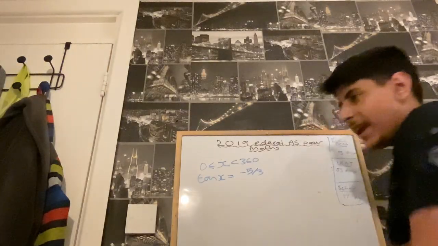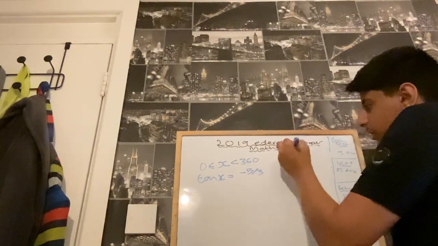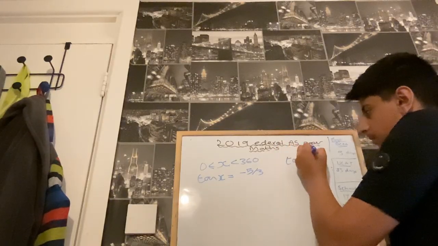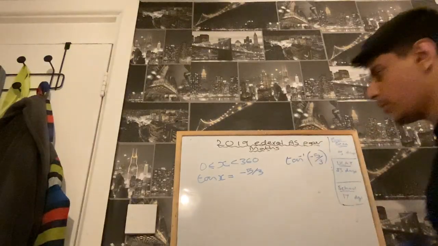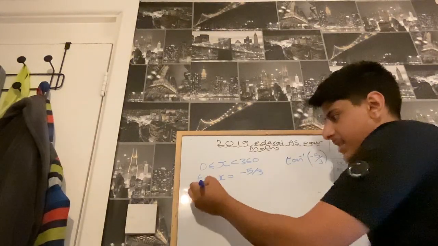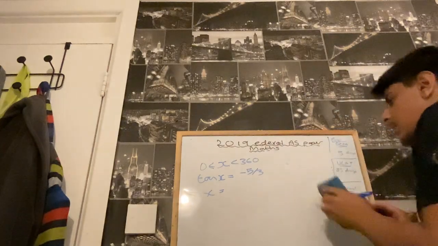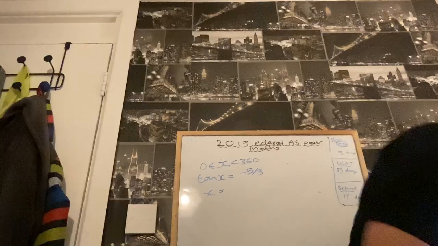So the inverse tan of this would look like this: tan minus 1 of minus 5 over 3. The inverse tan of this would get us x as being equal to minus 59.